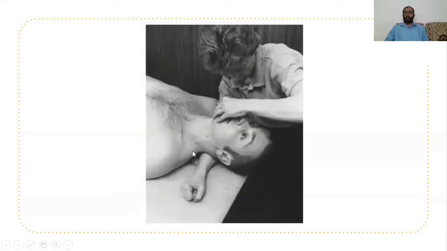In cervical distraction test, it can be done in sitting posture or supine posture. In sitting posture, the patient should be in sitting position and the examiner stands behind the patient and holds the mastoid process with thumb and middle finger of one hand.